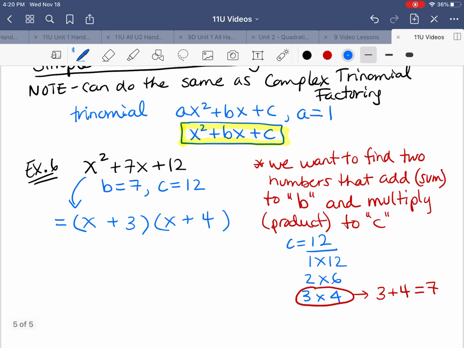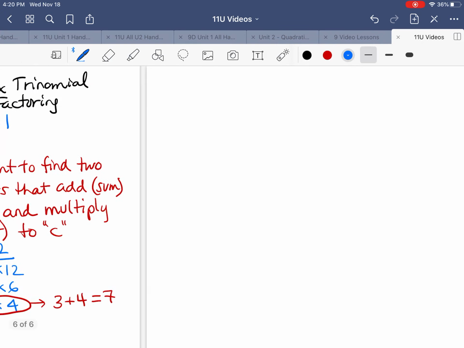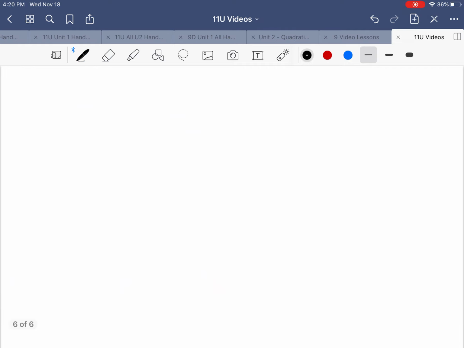Now we're going to look at complex trinomials, and you can still use the same strategy with complex trinomials as you do with simple trinomials, but not the other way around. So I'll show you what I mean. So factoring complex trinomials.